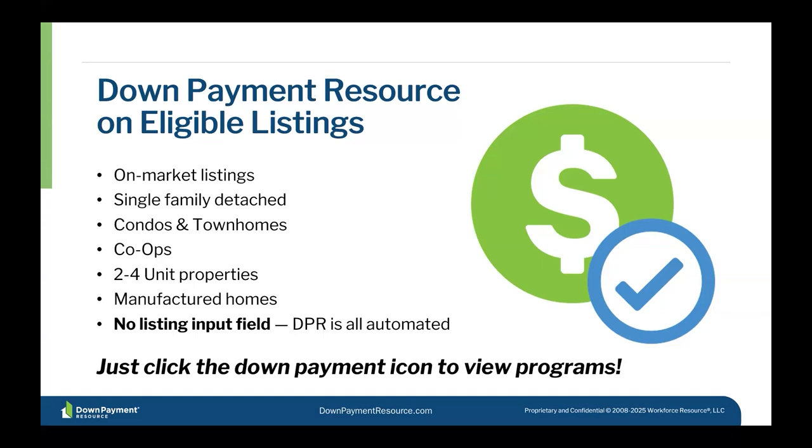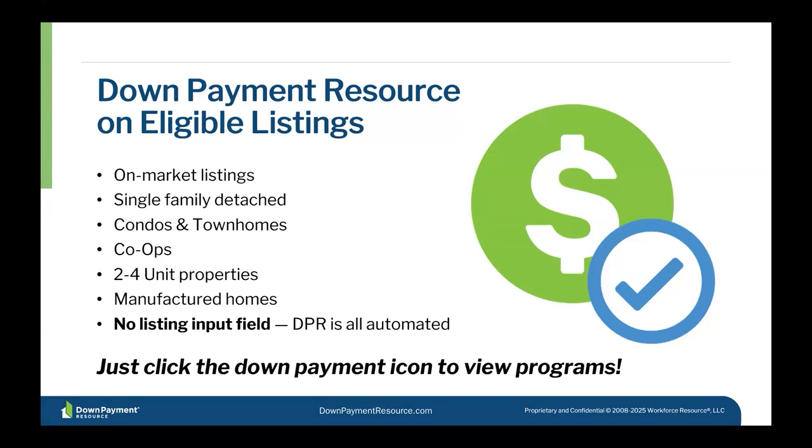The icon is going to appear on on-market listings, single family detached, condos and townhomes, co-ops, 2 to 4 unit properties, manufactured homes, and there's no listing input field. DPR is all automated, so you don't have to do anything with that.